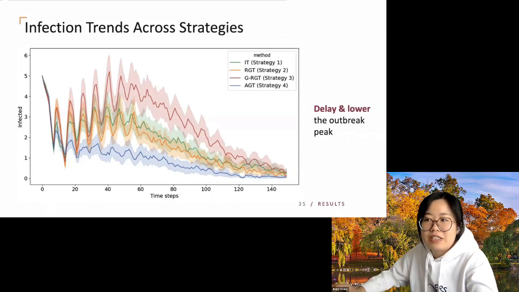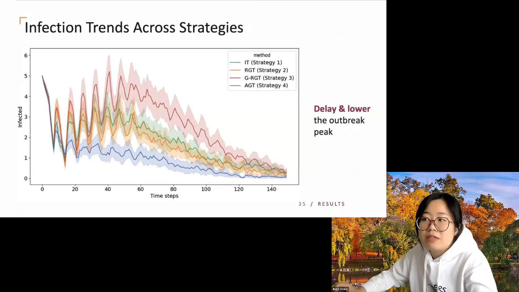We can see that AGT successfully both lowers and postpones the outbreak peak with no significant spikes throughout the simulation. And due to the timely detection of infected individuals, no large regional outbreaks result from secondary transmission. In contrast, the GRGT, colored in red, displays strong instability.